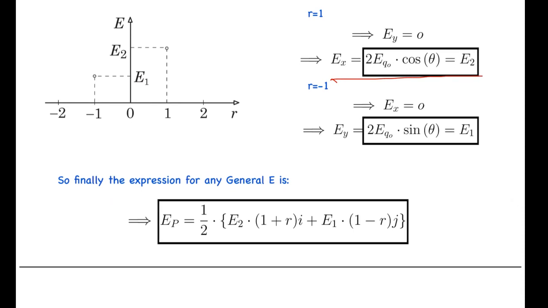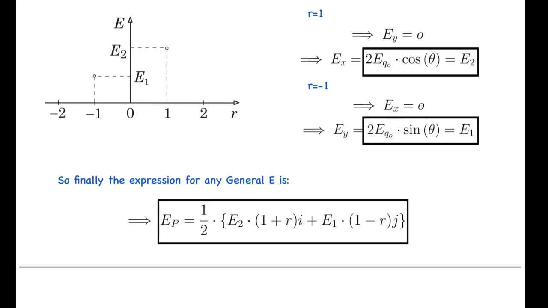So we found Eq naught times cos theta, which is a constant in terms of the given constant E2. And similarly, when r equals minus 1, Ex will become 0, and Ey will be equal to 2 Eq naught times sin theta, which will be equal to E1.